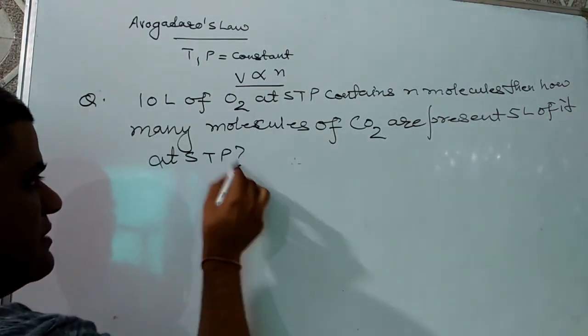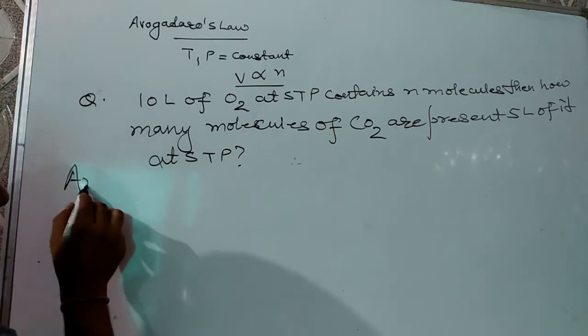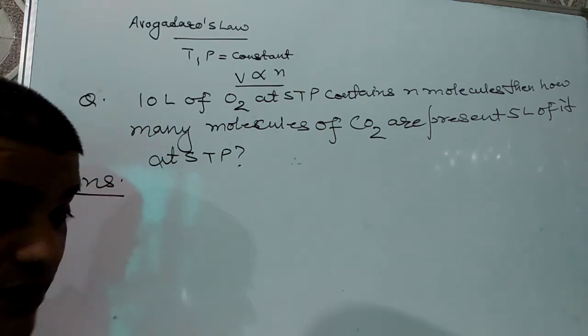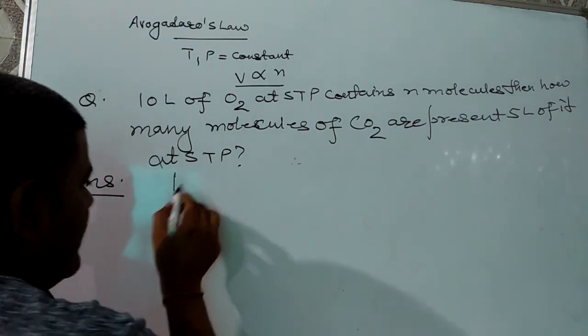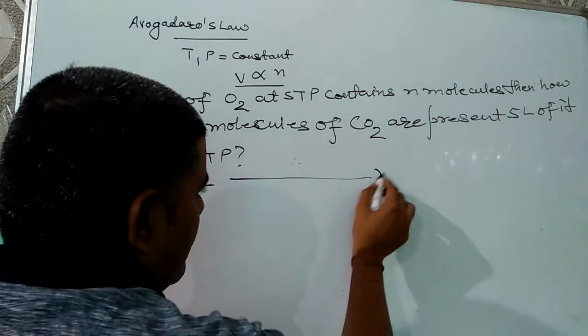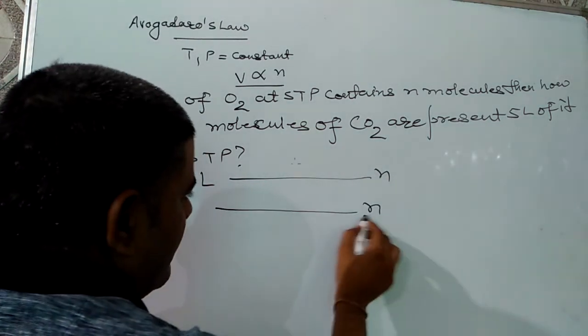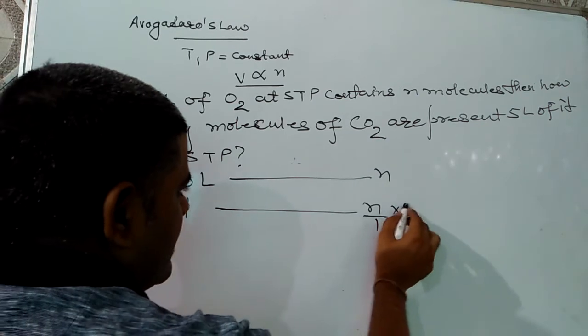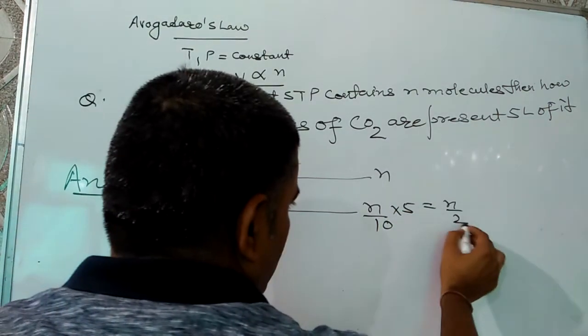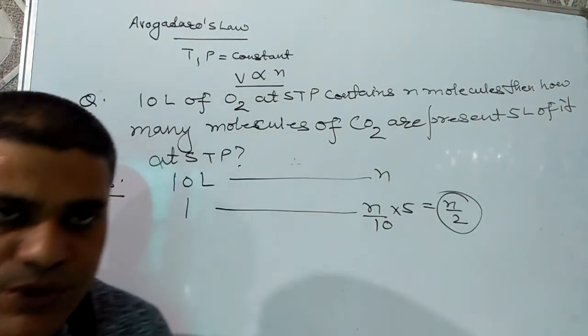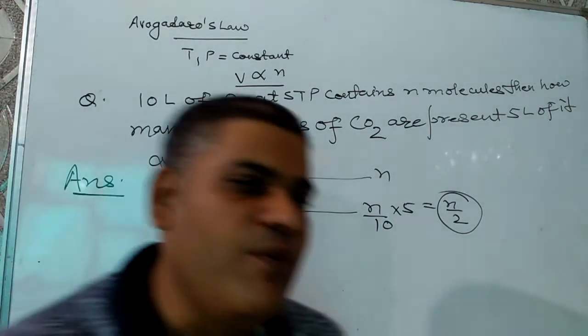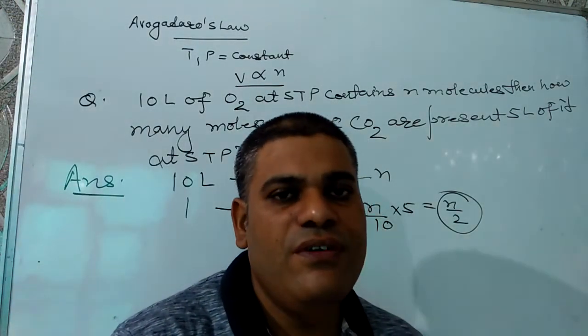As I have mentioned, equal volumes contain the same number of molecules regardless of the nature of the gas. So for 10 liters, the number of molecules is n. For 1 liter, it will be n by 10. And for 5 liters, that comes out to be n by 2 molecules.